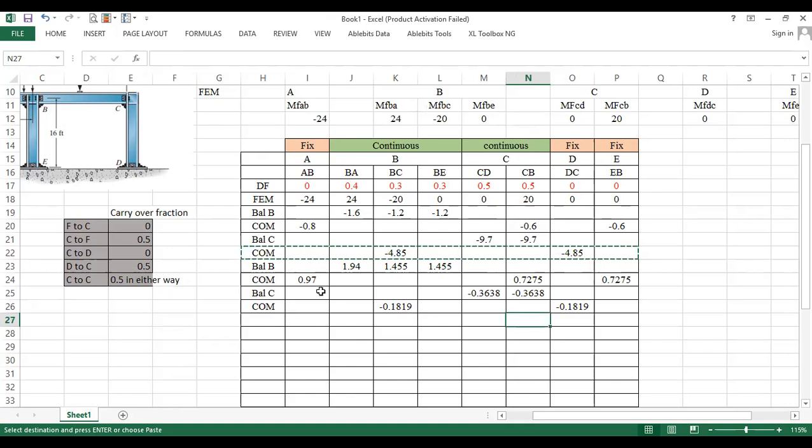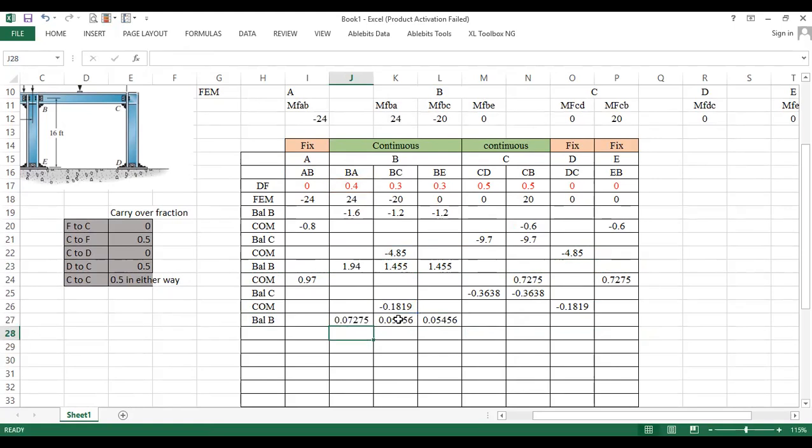So you can again balance B. This is what was additionally taken.